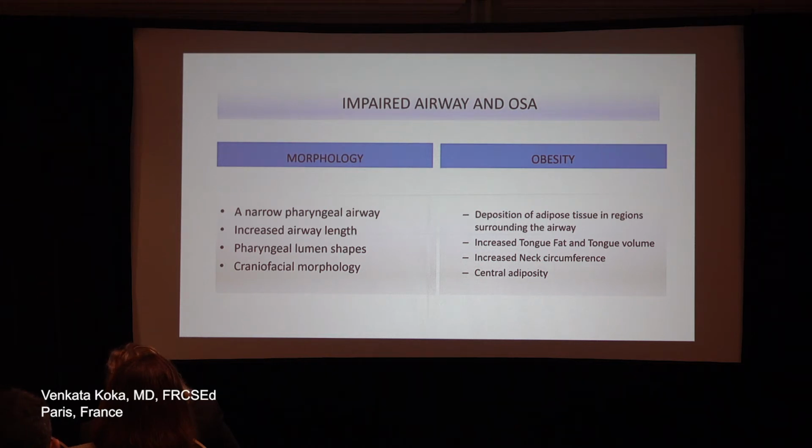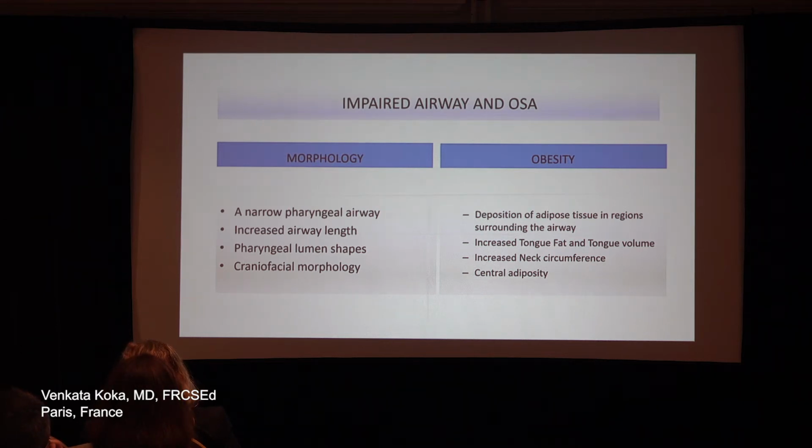It's an epidemic. There is deposition of fat around the pharyngeal soft tissues, increasing tongue volume and tongue fat, and also increasing neck circumference, thereby increasing collapsibility of the pharyngeal lumen. But this impaired anatomy doesn't complete the story.